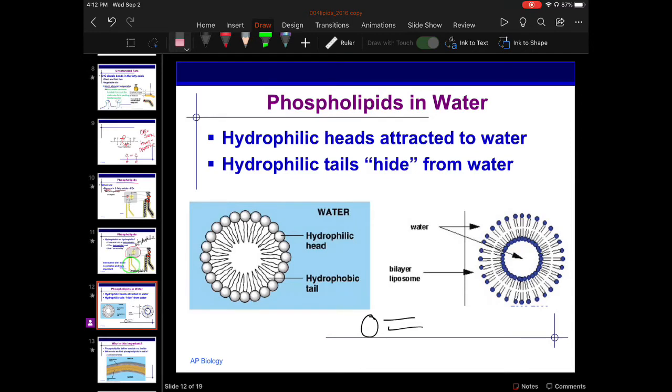Lots of things in the human body are water soluble. But what that means is I can carry stuff that is water soluble on the inside, and I can carry it to the cell membrane and release it to the outside. So they tend to be very, very helpful in terms of moving things around the cell, releasing it, bringing it in, things like that.